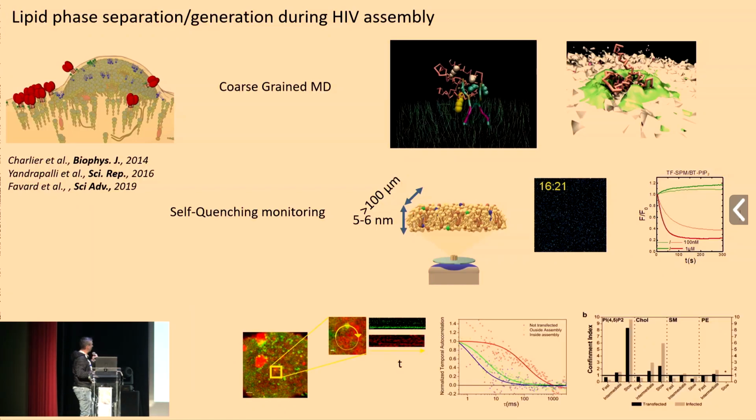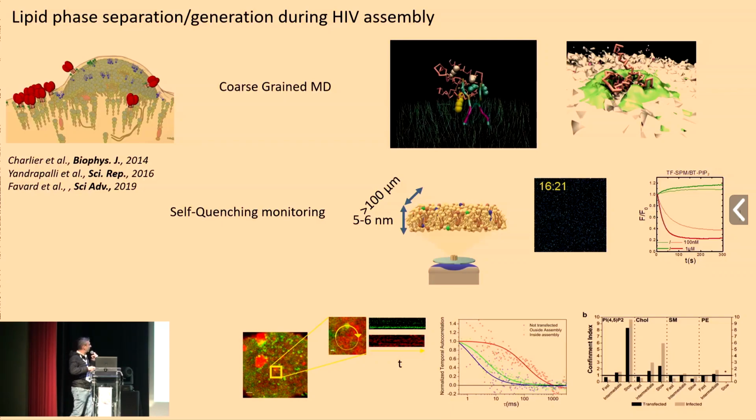If we go further with a more complex system, we perform scanning STED FCS here. We go in a T cell line. We either transfect or infect the cell with HIV. This HIV contains the same protein labeled with a GFP, and it helps us find positions where the virus is in ongoing assembly.